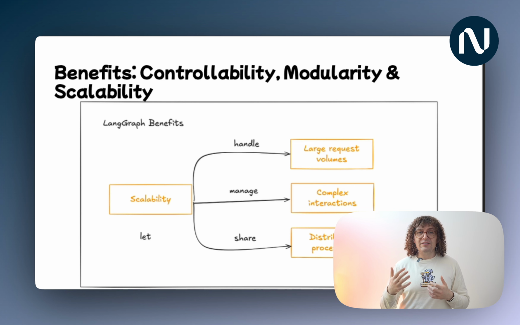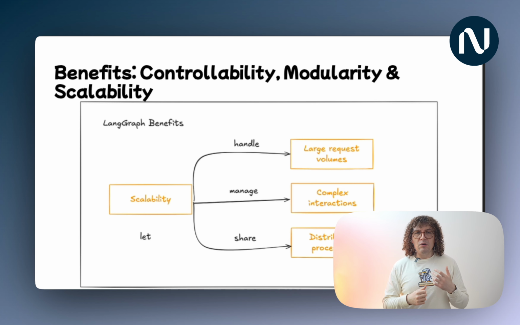If we look in scalability, we see that with LangGraph, we can handle large request volumes. Therefore, it's not only about the complexity of the application itself, but also about bringing this in a production, having many users, thousands, hundreds of thousands of them, and yet delivering good results.